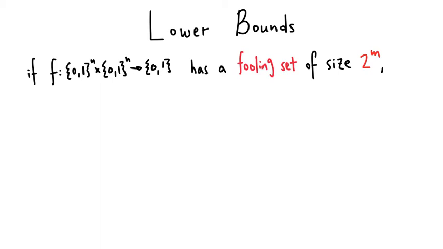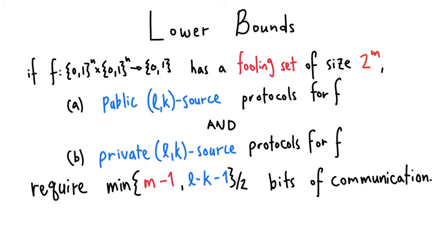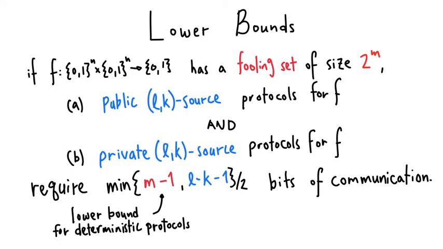If we have a function f on two n-bit inputs, a Boolean function, that has what's called a fooling set of size 2 to the m, then both public and private LK source protocols for this function require at least effectively m, or L minus k, whichever is smaller. Here m is the log of the fooling set size, and this is a lower bound for deterministic protocols.